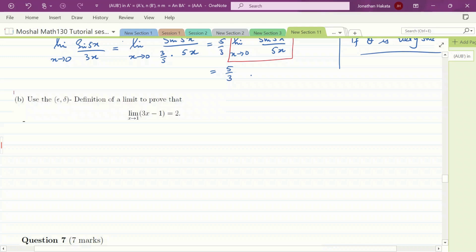Use the epsilon delta definition of a limit to prove that the limit of 3x minus 1 is equal to 2.